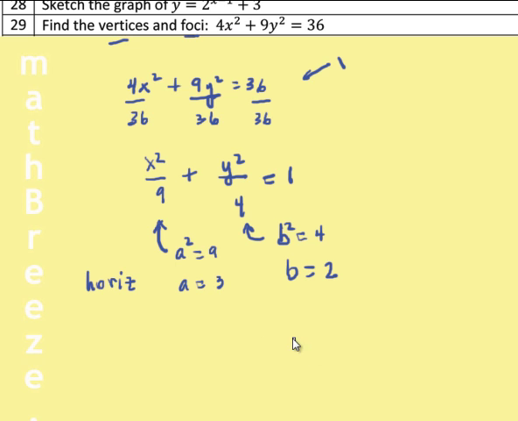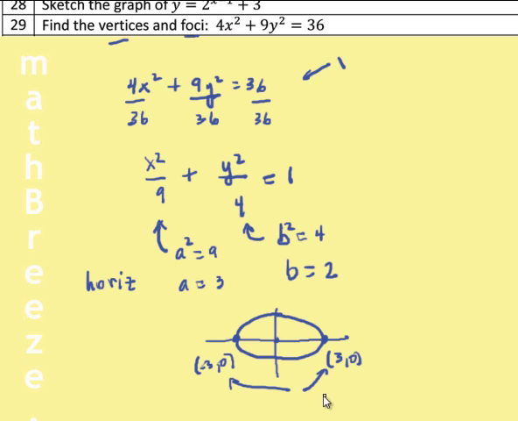So we don't have to graph this, but let's graph this. It's horizontal. Okay, here are the vertices, (3, 0) and (-3, 0). Okay, so these are vertices. That's part of the question. The other part is the foci. So let's get those.